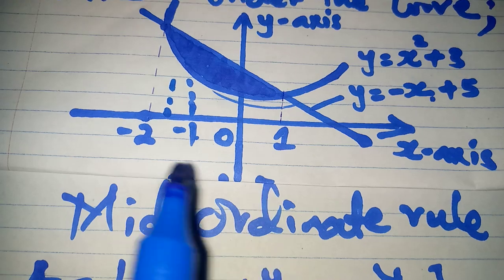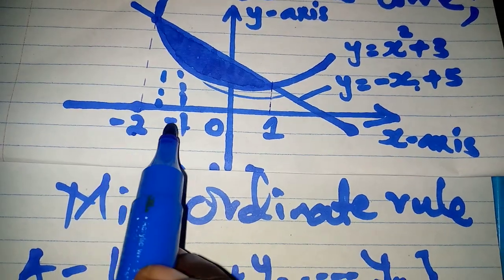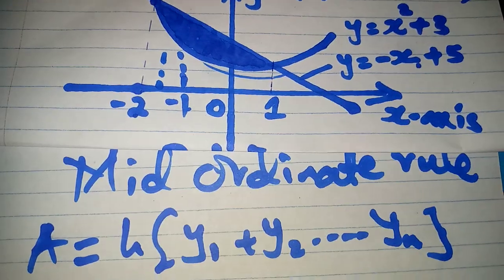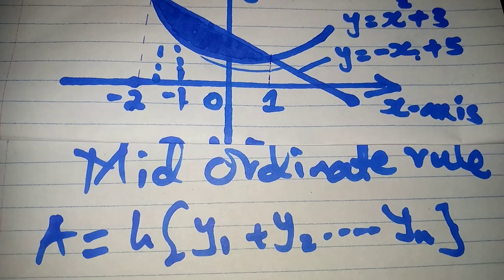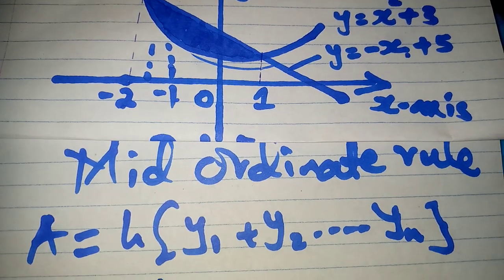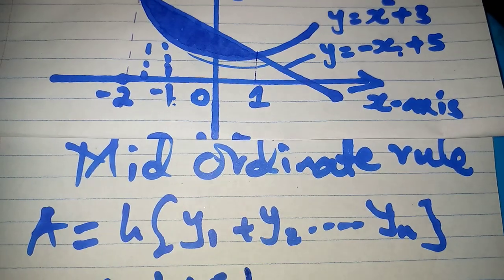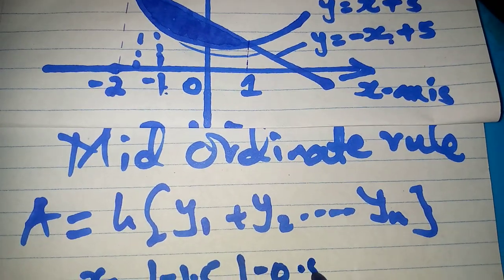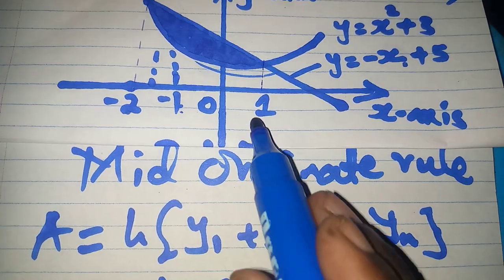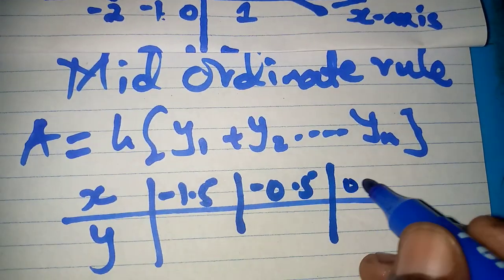So if you can look at this diagram, from -2 to -1, I want to generate some mid-ordinates there. I'll have -1.5, then -0.5, and then 0.5.